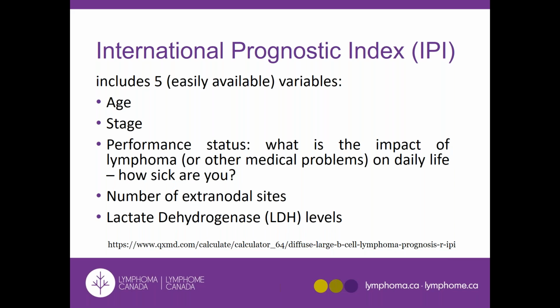And out of 5, having 0 versus 5 of these factors would mean having a very good chance of responding to therapy versus the chances being a little bit lower, still reasonable, but not as good as if you had none of these risk factors.